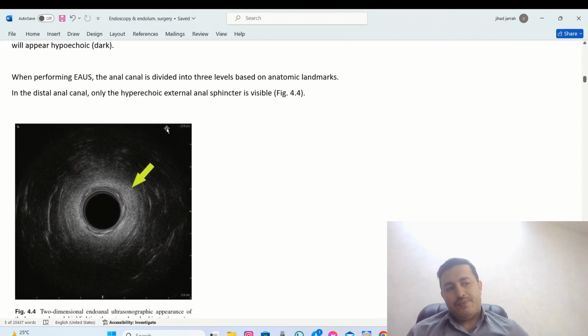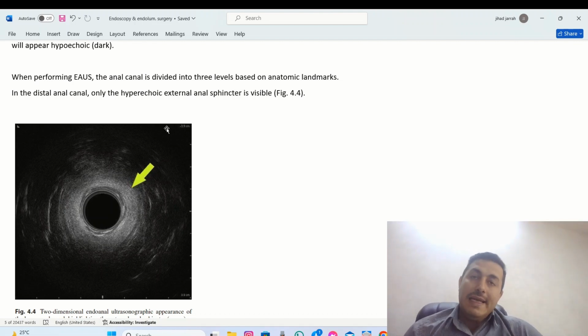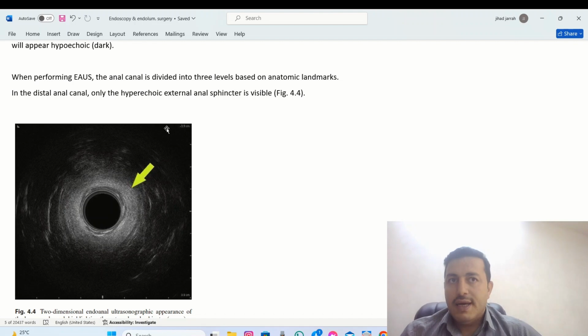Actually, reading the picture that comes from endoanal ultrasound differs from imaging that comes from endorectal ultrasound. In the anus, the imaging that we can read depends on which location of the anus we are in.